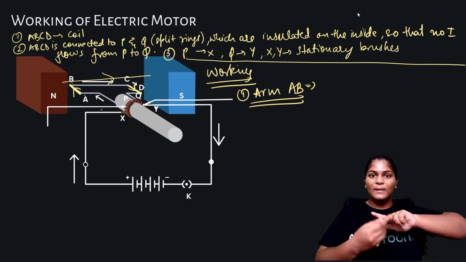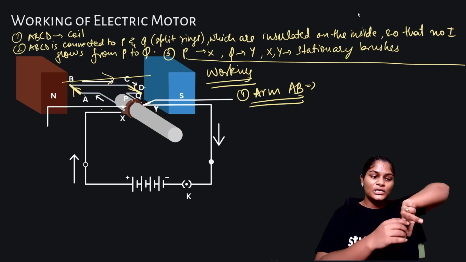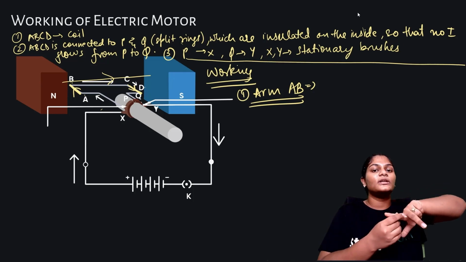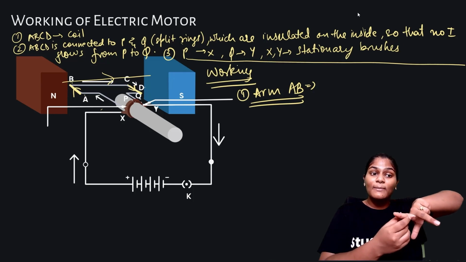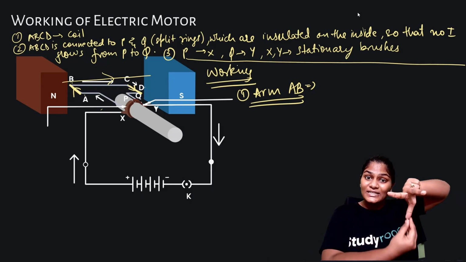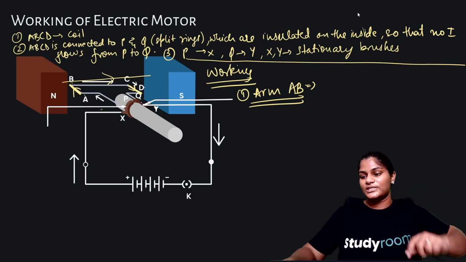Look, if I take my middle finger and I put it in a direction a little tilted, now I have to put my index finger also in the direction of the magnetic field. So my magnetic field is also kind of tilted like this only. Still my thumb points downwards, right?